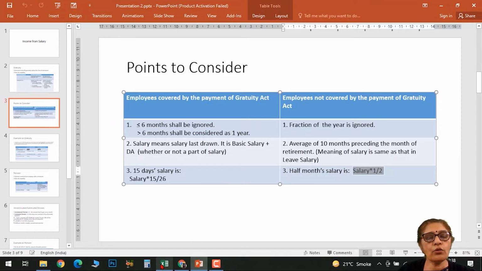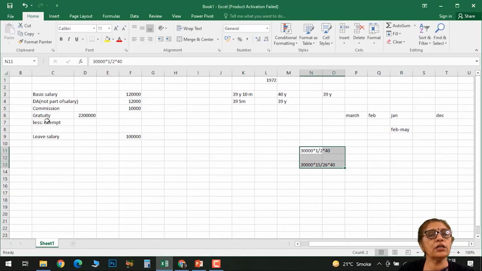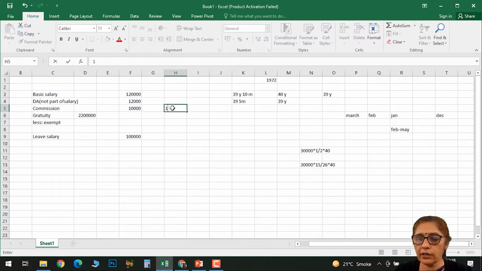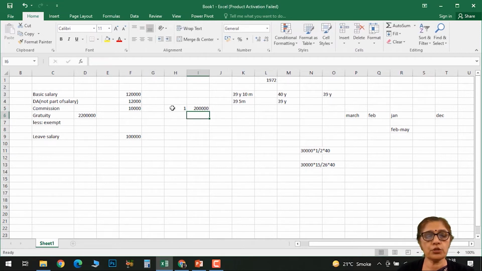Right? So, if you receive gratuity here, 22 lakhs, we have to find out the amount of exemption. Point number 1. Let's say lump sum, 20 lakhs. Point number 2, 22 lakhs.